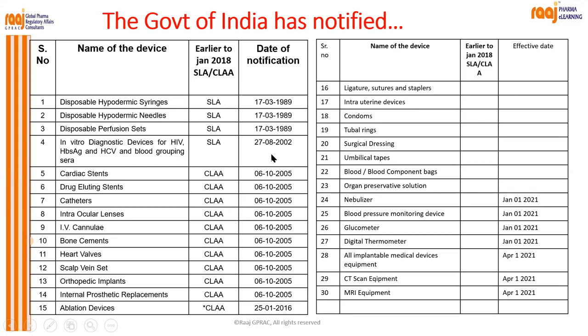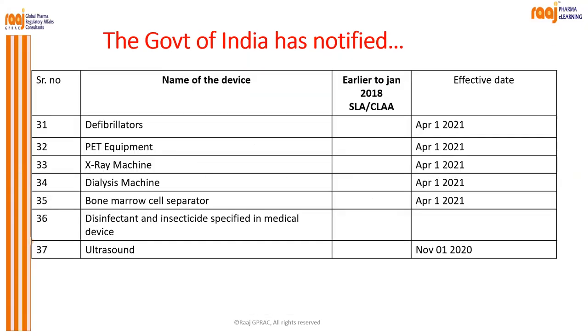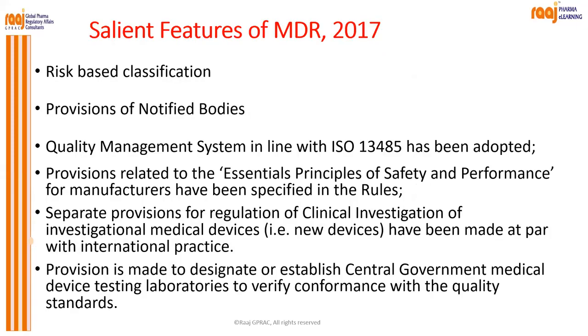So I will take you through a future slide wherein you will come to know the classification of devices, and for each device registration, which body would be responsible, the state licensing authority or the central licensing authority. And coming back to this, these are the 37 devices which are notified by the Government of India till November 2020.